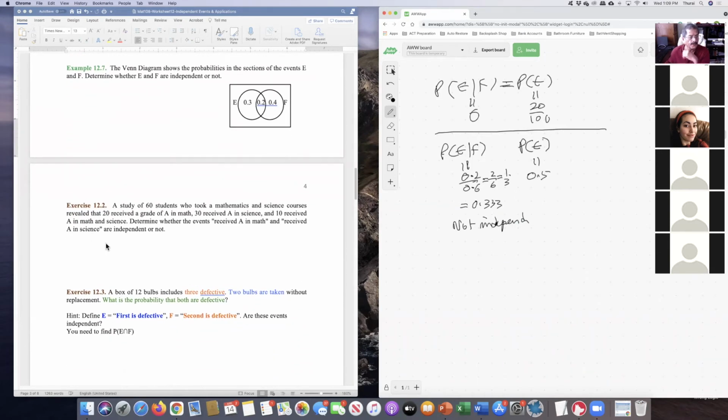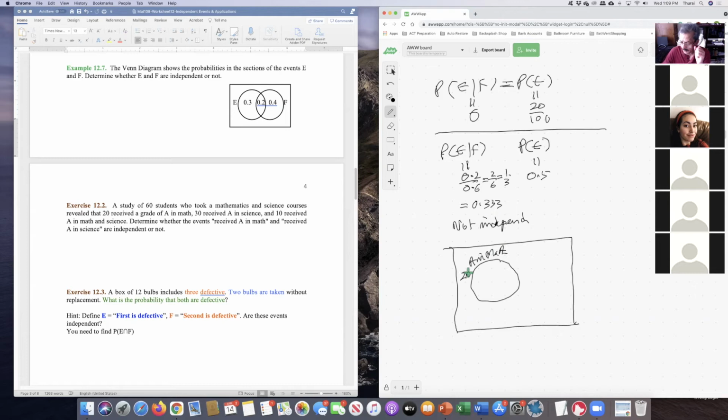All right, 12.2 says a study of 60 students who took math and science courses revealed that 20 received A in math. Clearly that calls for a Venn diagram. A in math, that's what this event is, and 20 students are there.